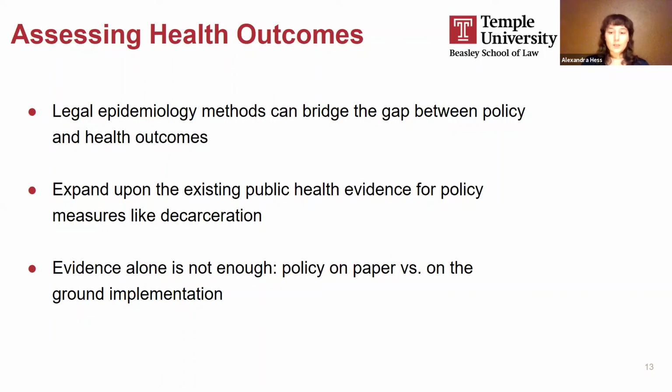Despite it existing, the policy on paper is really a lot different from the on-the-ground implementation. So states might have policies that provide for inmate release, but whether or not this is actually happening fast enough, and if this is happening for all the eligible populations, is a whole other question that needs to be taken into consideration when thinking about this kind of research.